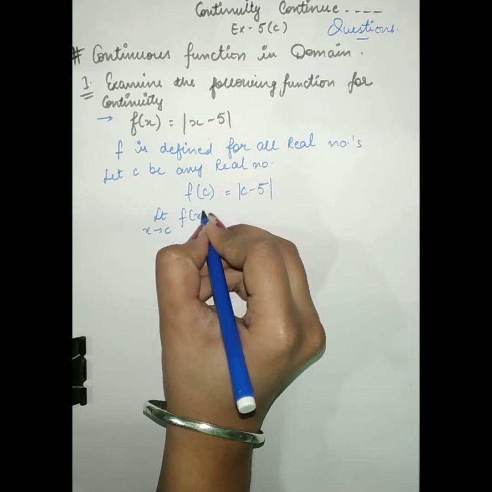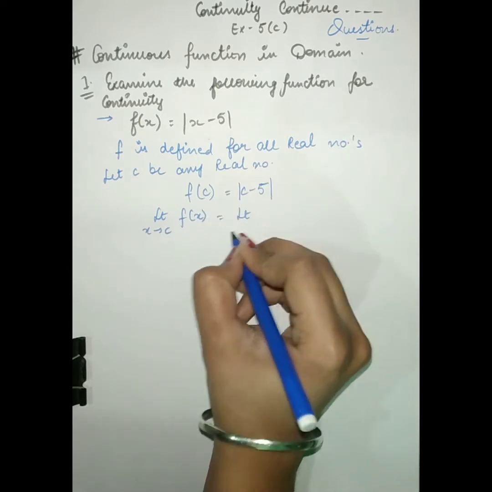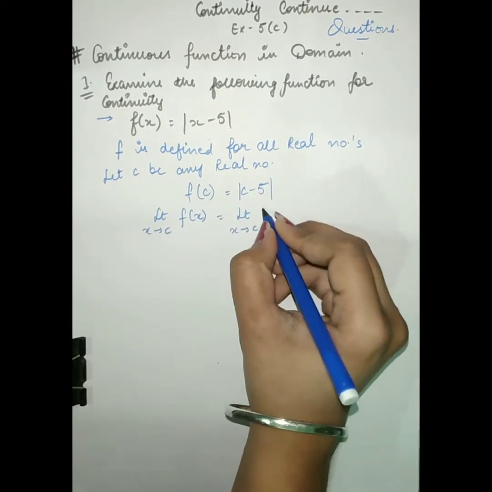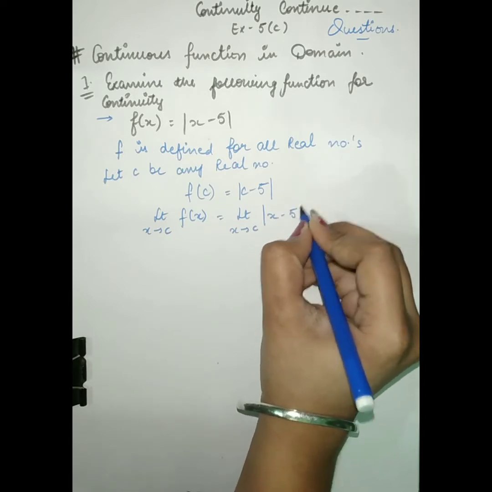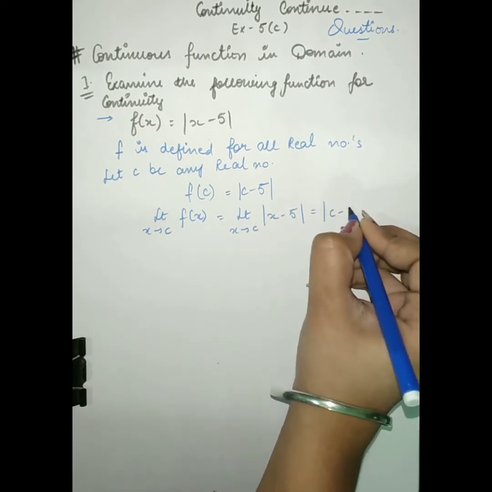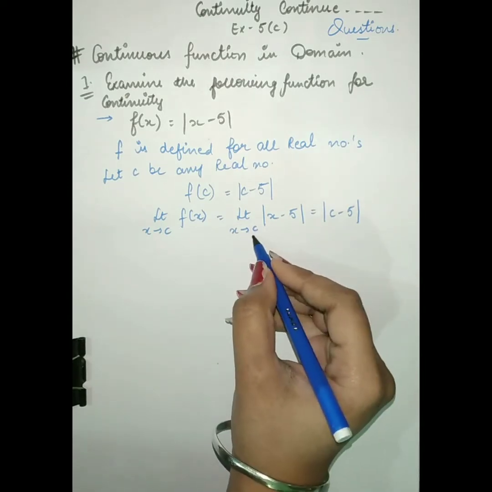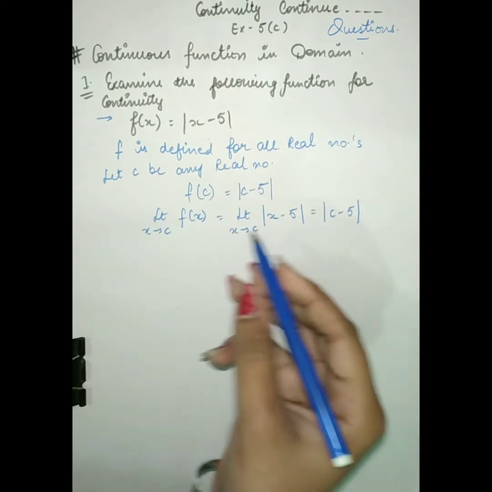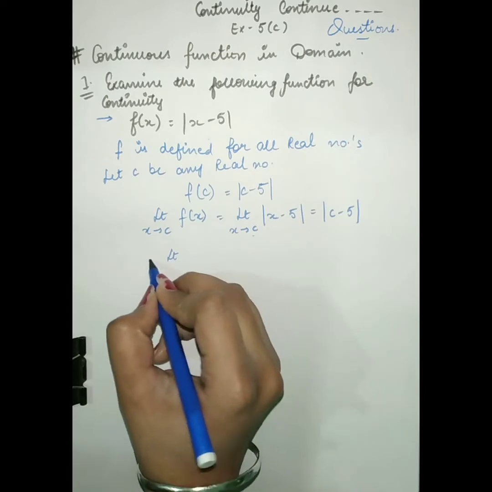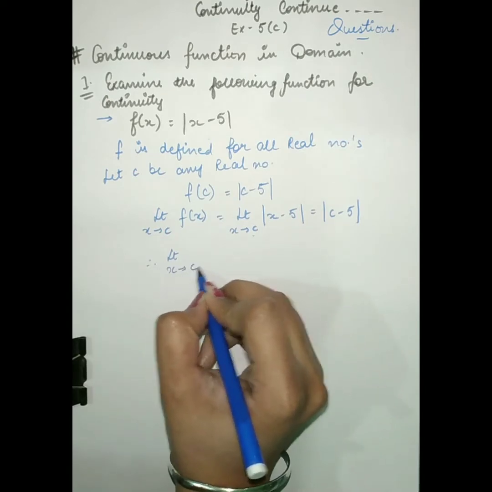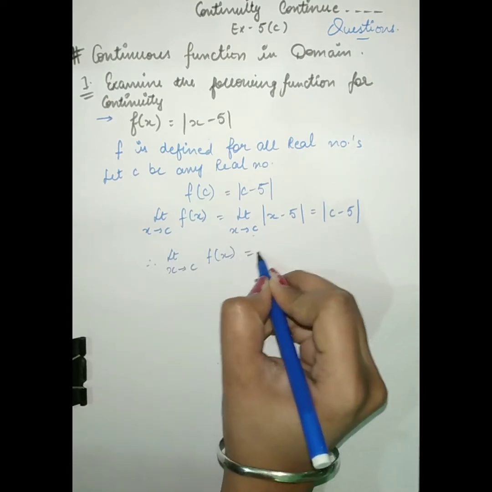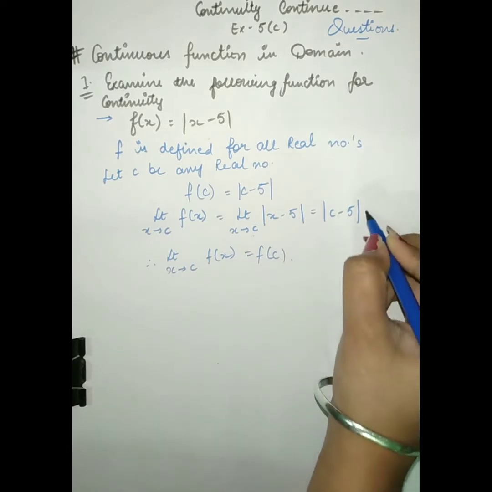Limit x approaches to c of mod of x minus 5 will be equals to c minus 5 when we put the limit x approaches to c.